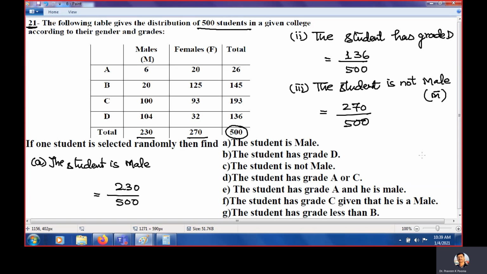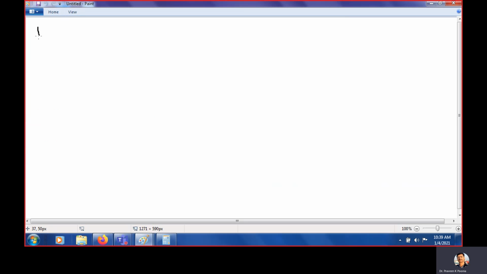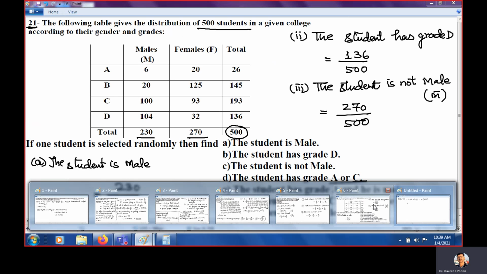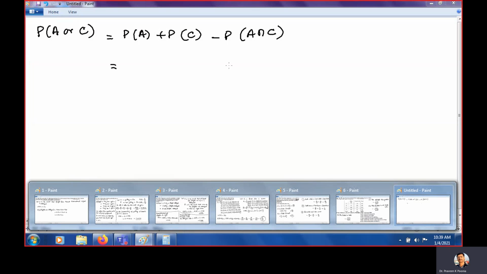The student has grade A or C. Please listen carefully, or means addition rule we need to use. So P(A or C). Probability of A plus probability of C minus probability of A intersection B. Sorry, A intersection C. So probability of A. Student got the grade A. So A, how many students? 26. C, how many students? 193. Clear?